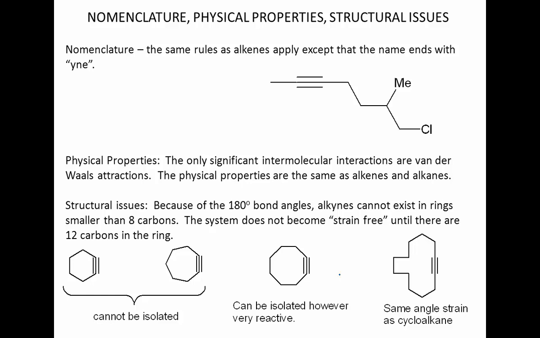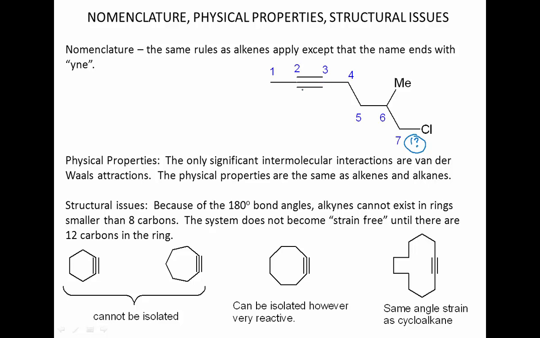So what is the name of this chloroalkyne shown here? Okay, we number from the left end because that puts the alkyne at the 2 position. Numbering at the right end, hypothetically, if this were carbon 1, this carbon here would be 1, 2, 3, 4, 5, 6.